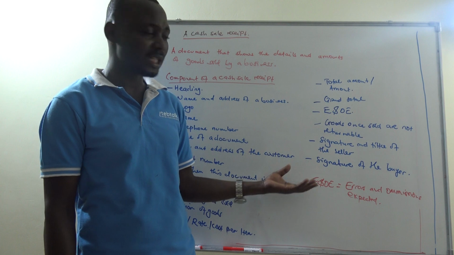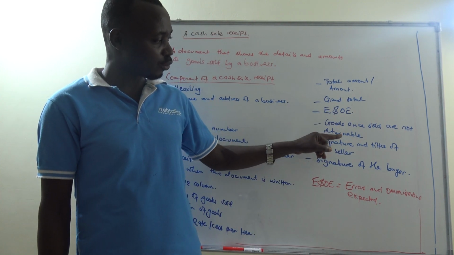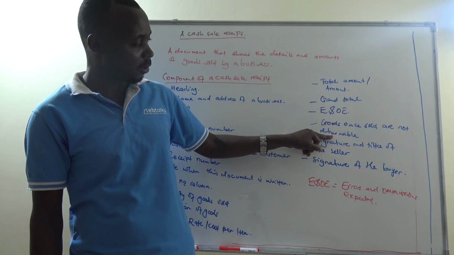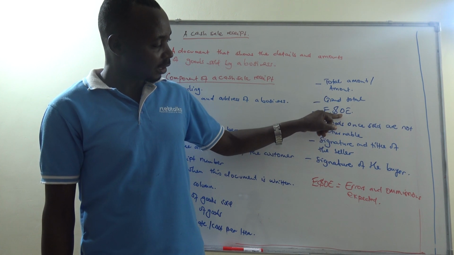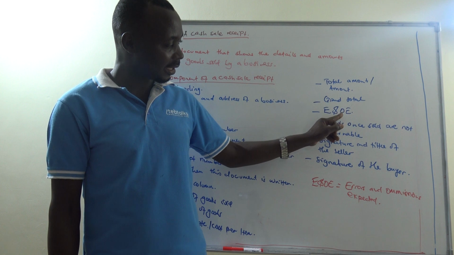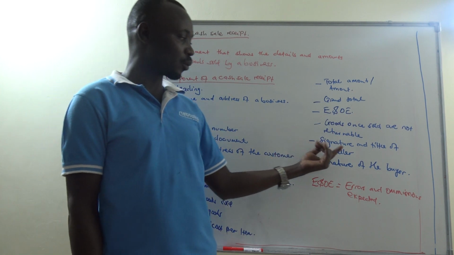You omitted. Omitting means leaving out. So such a kind of things, this one comes in to safeguard the customer that much as goods once sold are not returnable, there is a provision that they can be returned in case there is an error and an omission. Then from there you have to look at the signature.